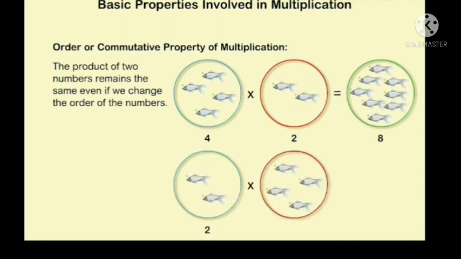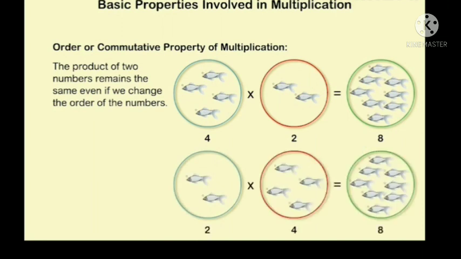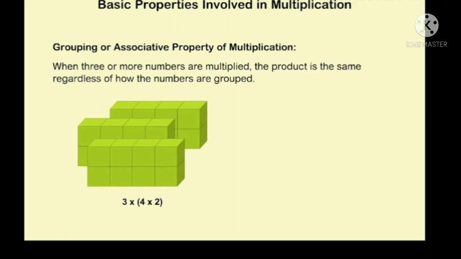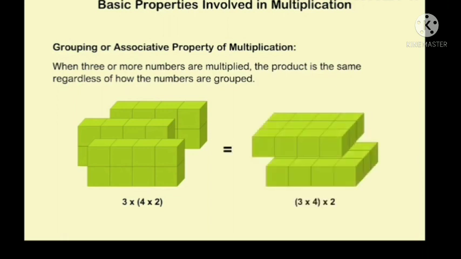Third, order or commutative property of multiplication: the product of 2 numbers remains the same even if we change the order of the numbers. And the fourth one is grouping or associative property of multiplication: when 3 or more numbers are multiplied, the product is the same regardless of how the numbers are grouped.